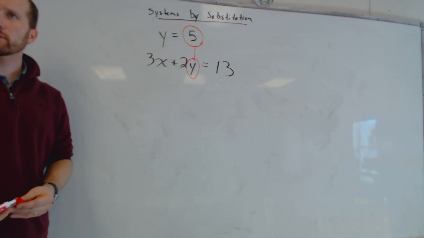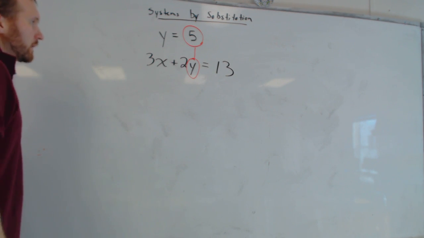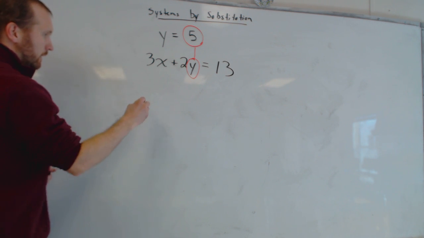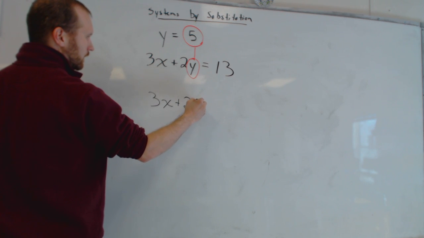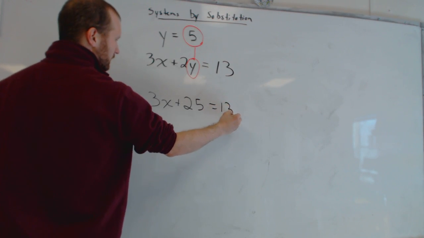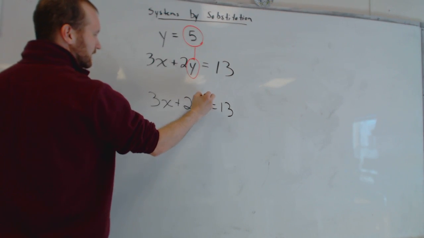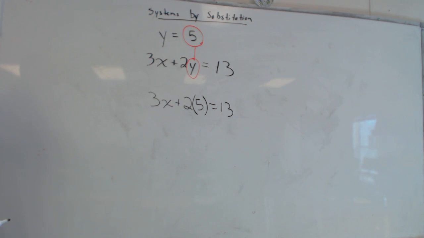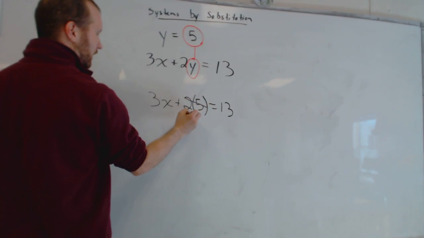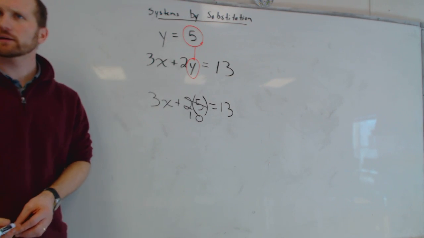So I have 3x plus 2 times 5, so it'd be parentheses, which would turn into 10. Okay. So I've got 3x plus 10 equals 13.